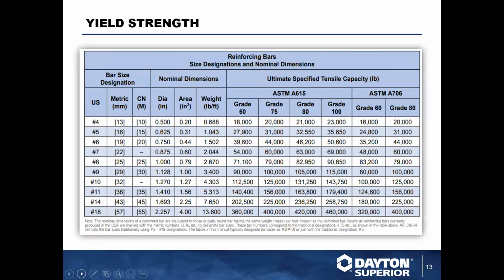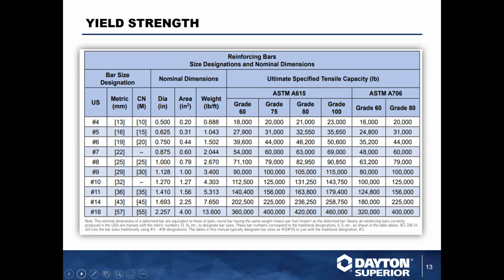As you can see with the yield strength of the different rebar, you can see grade 60, grade 70, grade 80, and grade 100 up here for A615 and A706. Both sets of numbers are very similar going down through here.